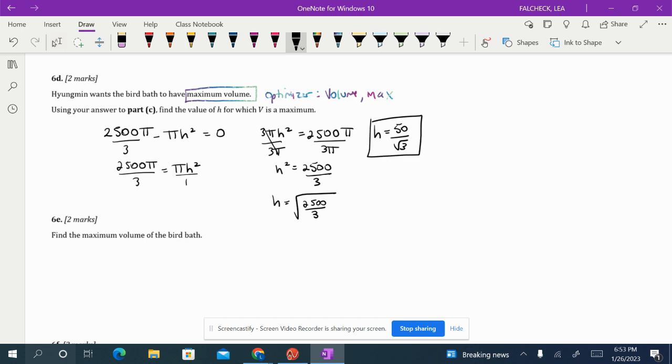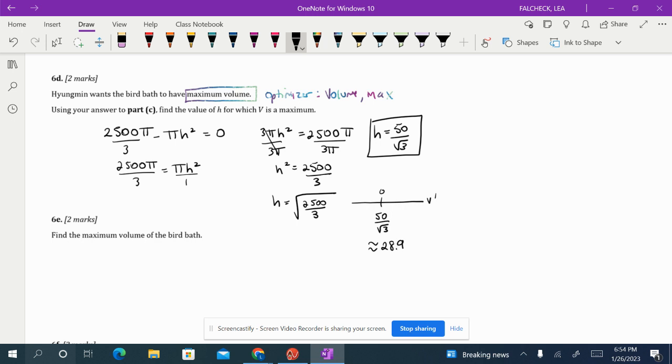Oh, I do need to confirm that this is in fact a maximum. Let's go ahead and test this on the number line, okay? So I've got 50 divided by the square root of 3. This is when the derivative is equal to 0. I'm going to go ahead and test the derivative for a number below 50 divided by the square root of 3, which is around 28-ish. It's between 28 and 29. So let's say 28.9.